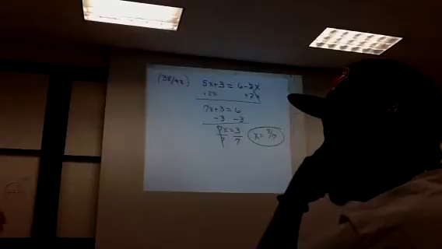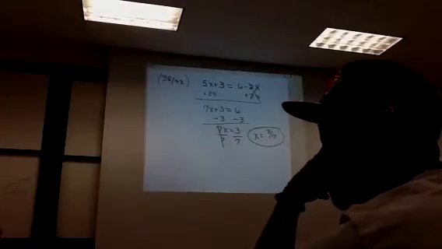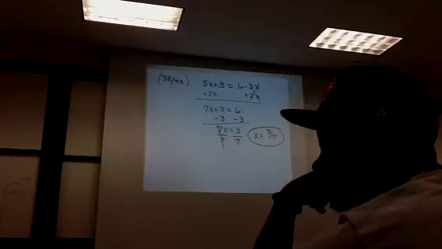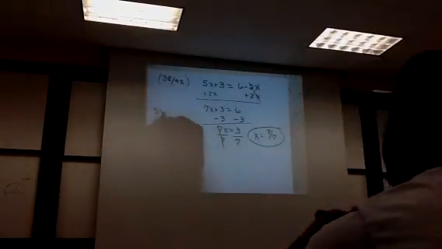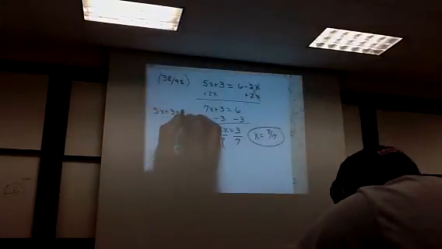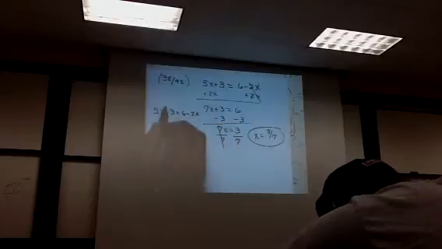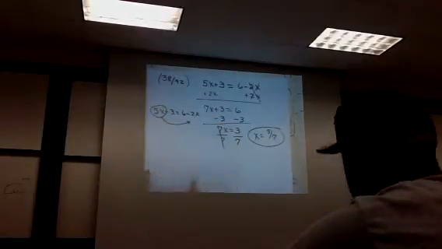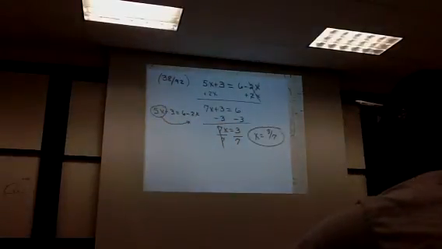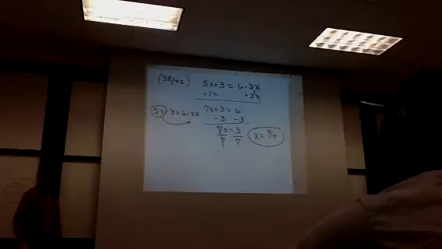Yes, ma'am. I got negative 3 over 7. Okay, let me ask you a question. What did you divide both sides by? I brought the negative 5 to the other side. Okay. By the way, do y'all know the shortcut that I'm sure most of you use anyway?